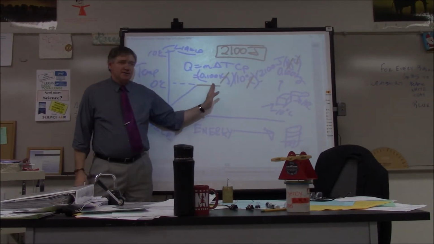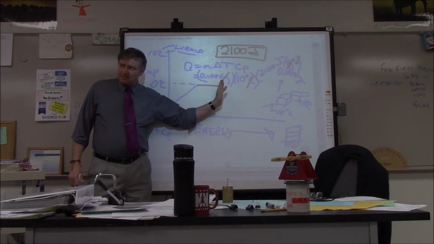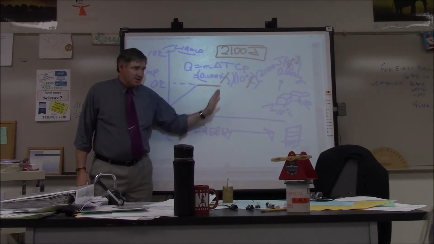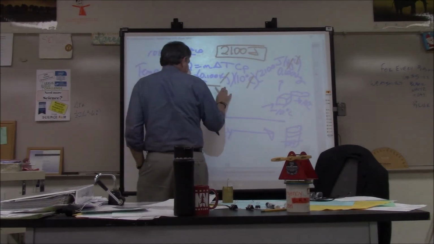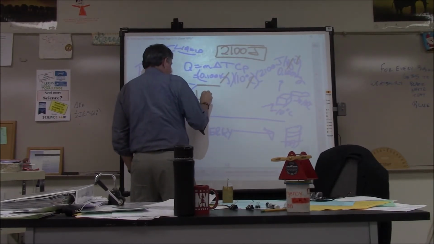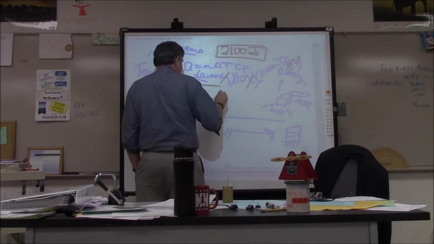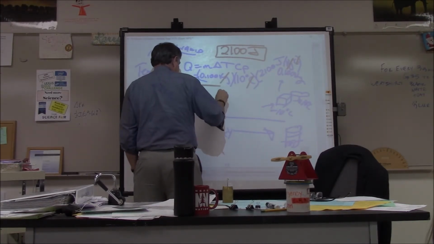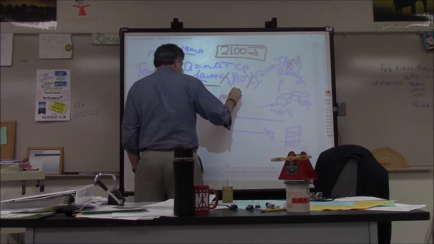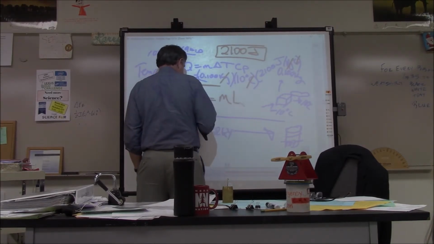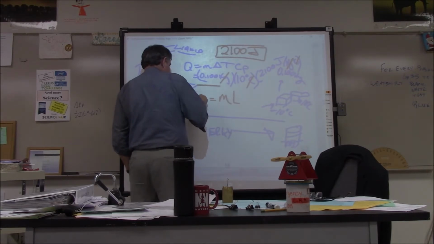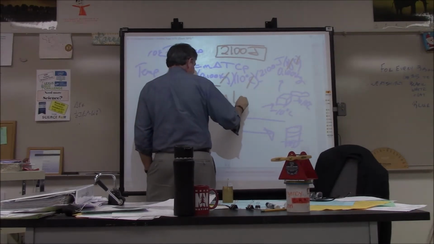What's happening here is that I'm dumping energy into the system, okay? Energy is coming in. Because I'm melting this, I'm going to go, oh, latent heat of fusion, and this is on your equation sheet, okay? So I've got latent heat of fusion is equal to Q over M, then Q is going to equal M L_F.